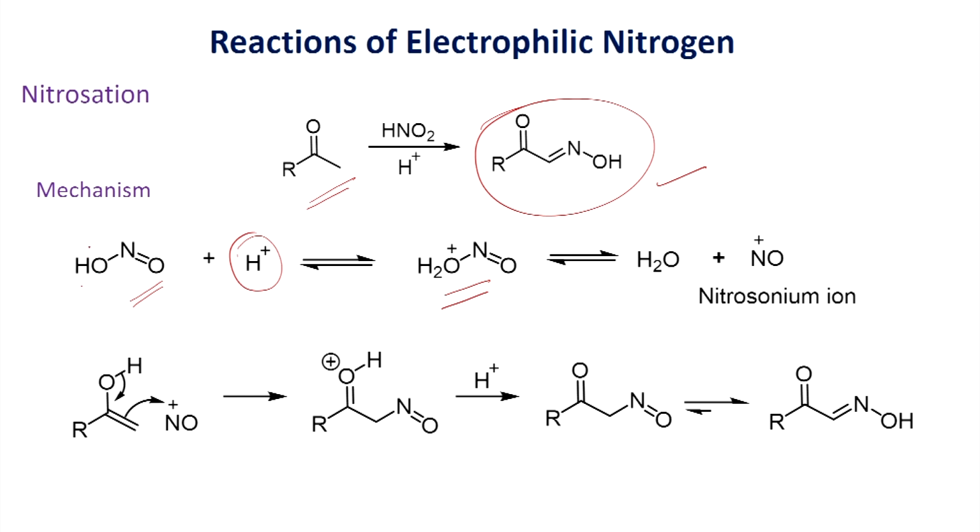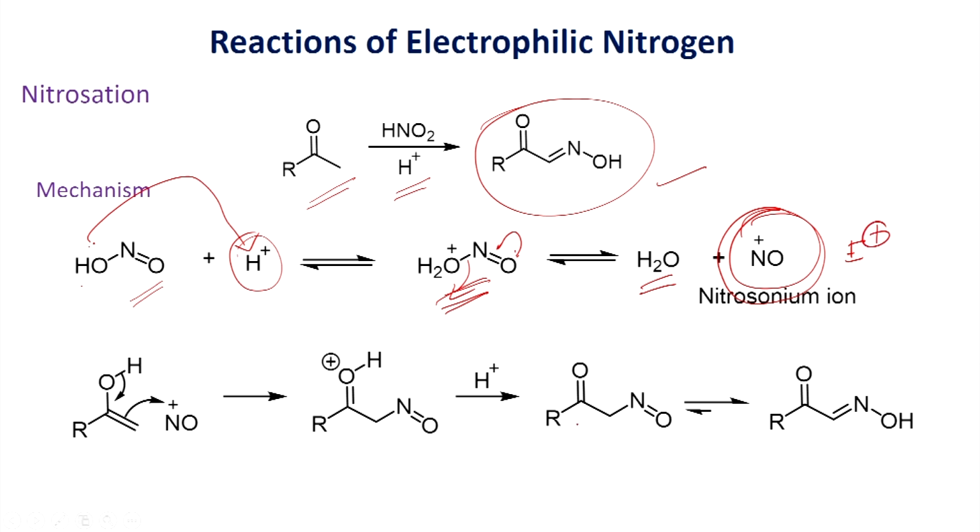As you can see here, you do the protonation, then you will form this intermediate. Once you form this one, you have the lone pair, then you can lose a water molecule and generate the NO plus, this nitrosonium ion. So, when you have HNO2 in acidic medium, you will be able to generate NO plus, which is an electrophile.